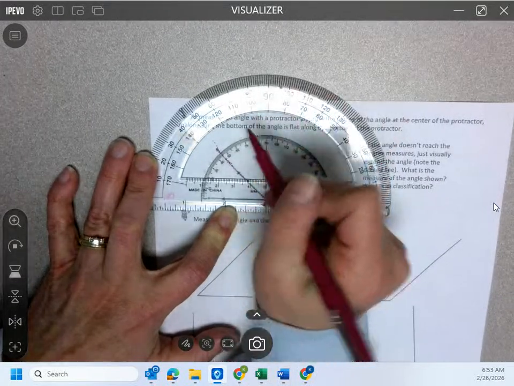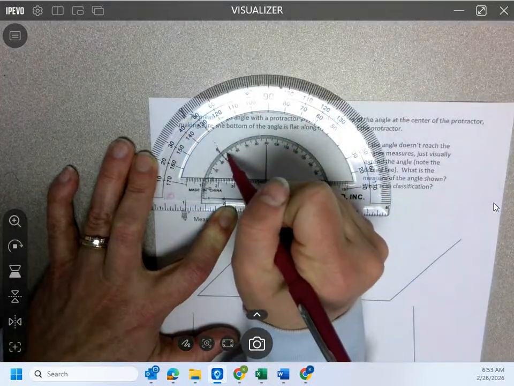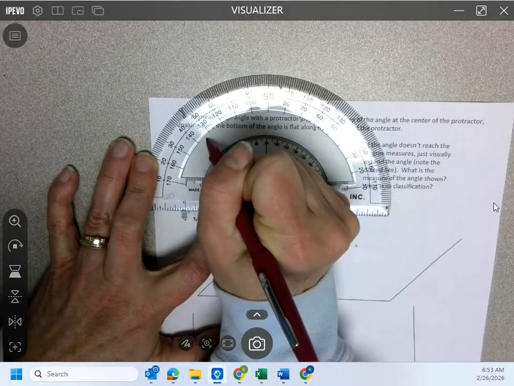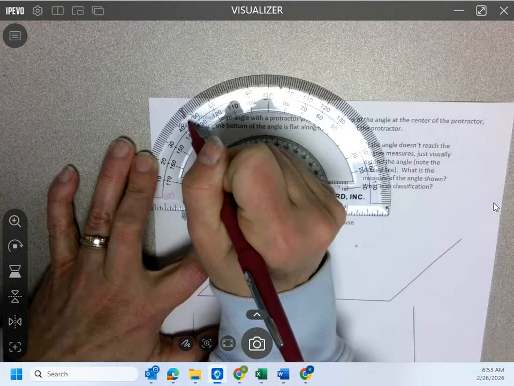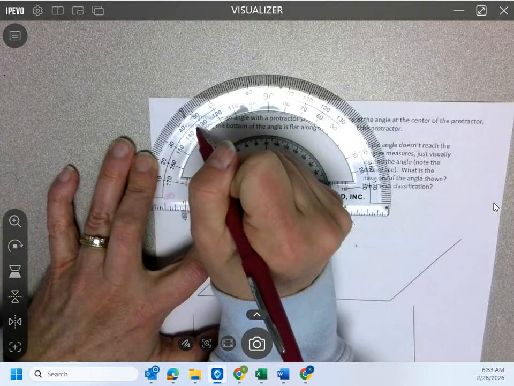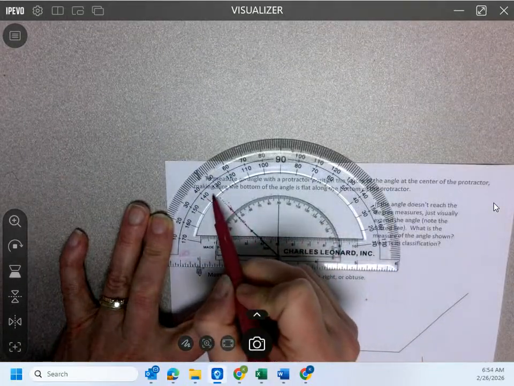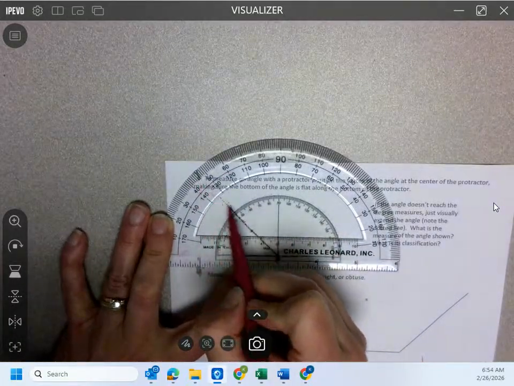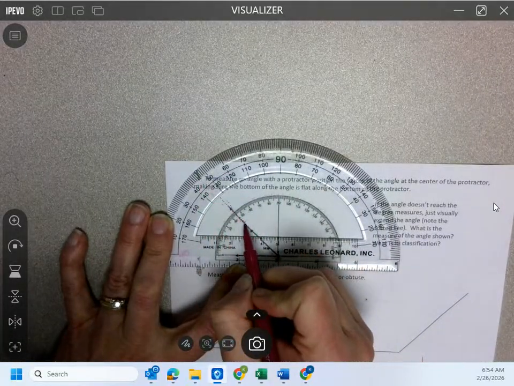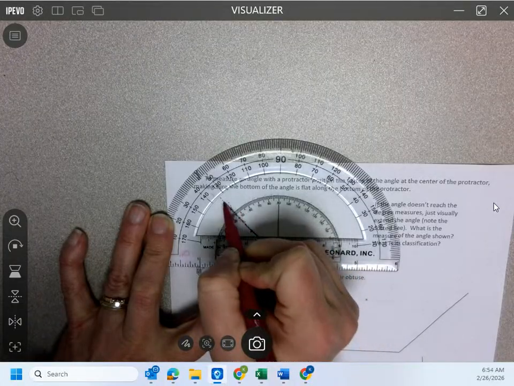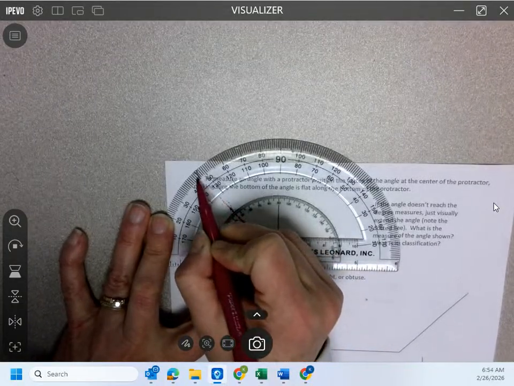Not 50 degrees. 50 degrees would have been up here. So 45 degrees. So if we extended that on our protractor, we would see how it goes up to that 45 degrees on our own protractor. So see how they extended it to the 45 degrees on the paper. You extend it to the 45 degrees on your paper.